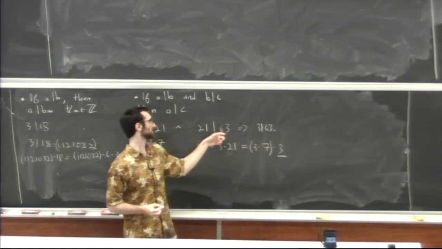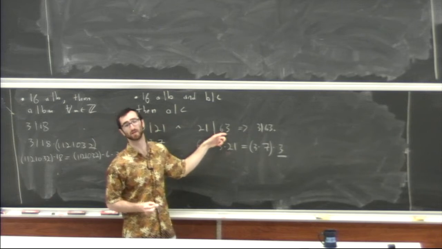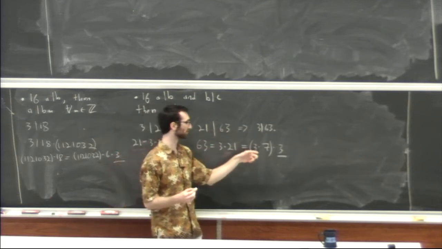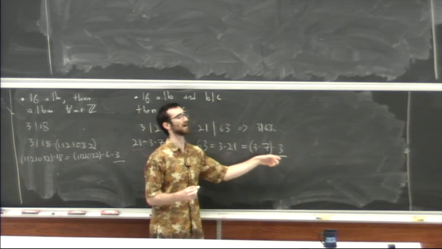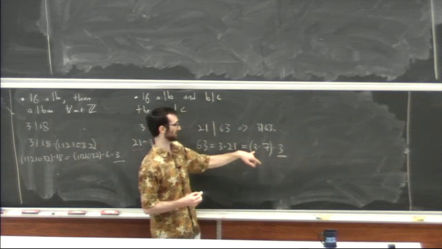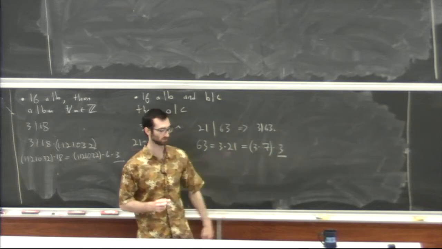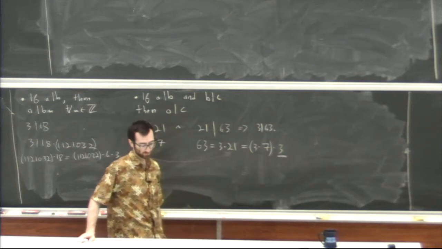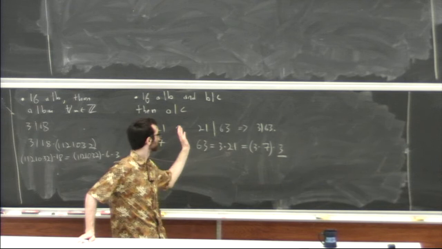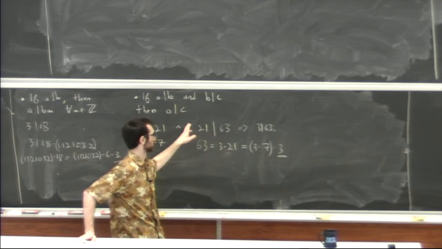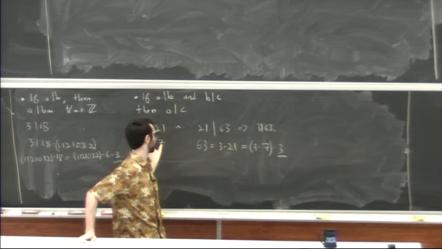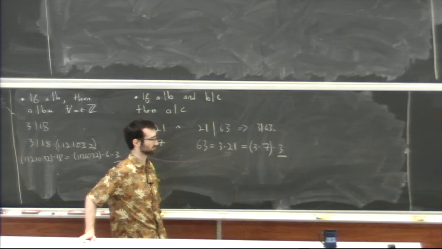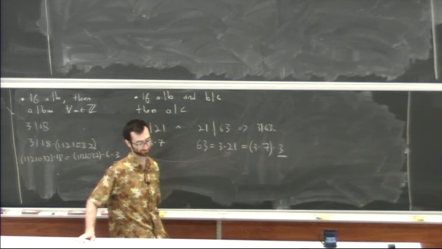If I had picked 84, it'd be a nicer example, because then I'd have 4 times 7 times 3. So this extra 3 is maybe a little irrelevant. And the proof in general essentially just says replace all the numbers here with the correct letters, and everything goes through.